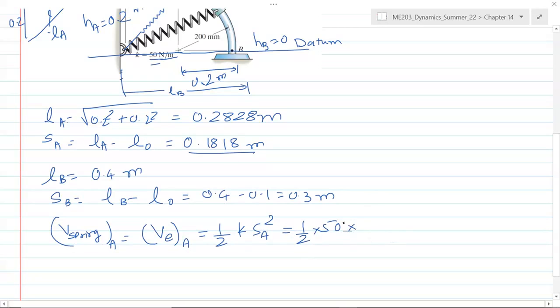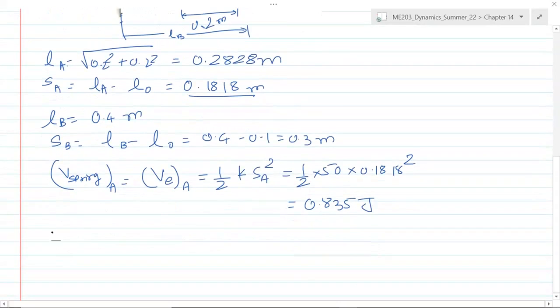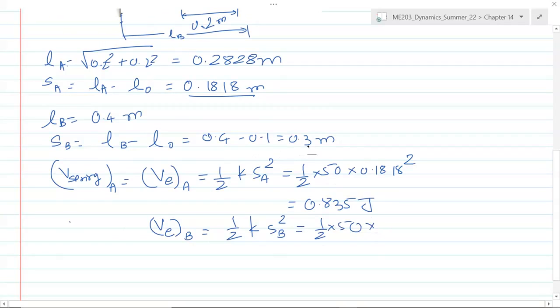SA is this number, 0.1818 square. And that is 0.835 joule. At B, 1/2 K SB square. So 1/2 times 50, this is SB, 0.3 square, which is 2.25 joule.